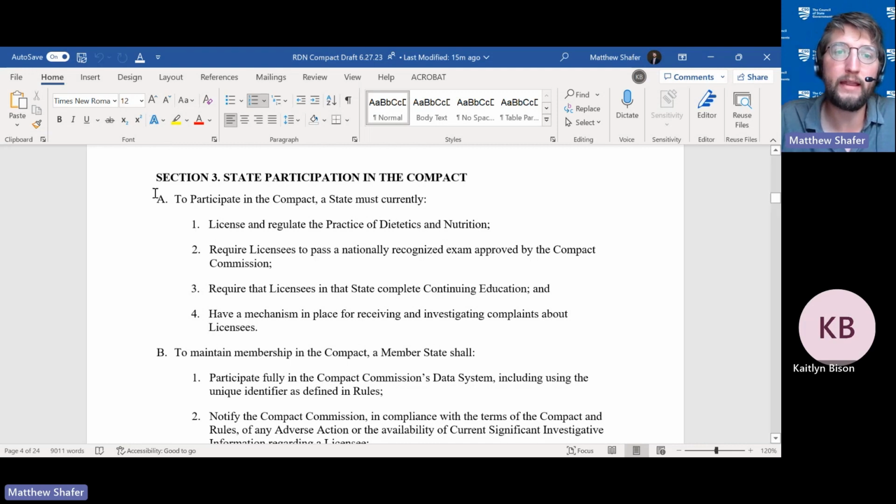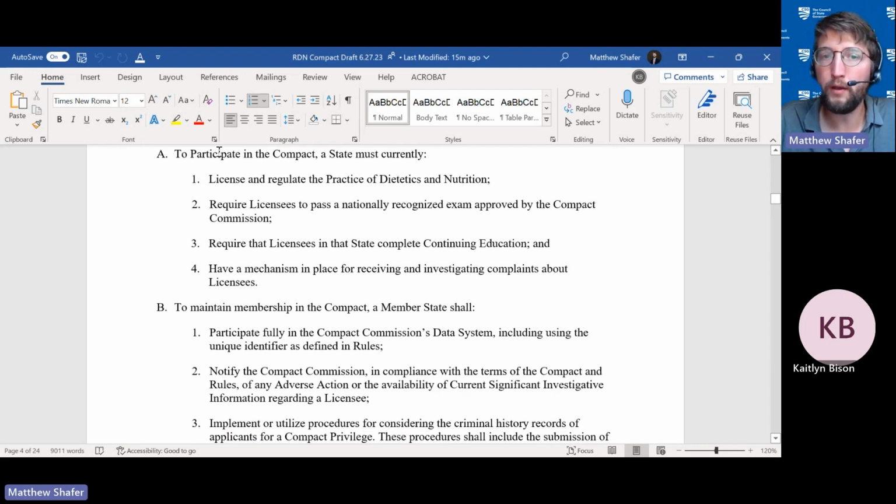So we say here at the beginning, to participate in the compact, a state must currently, number one, license and regulate the practice. Number two, require licensees to pass a nationally recognized exam approved by the Compact Commission. This will be a decision that the Compact Commission makes. What satisfies this requirement as being a nationally recognized exam?